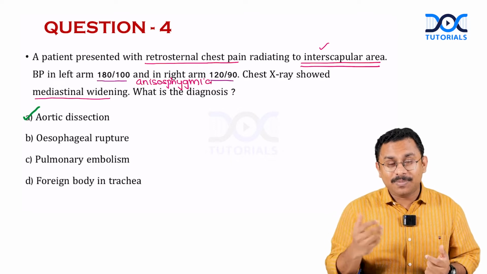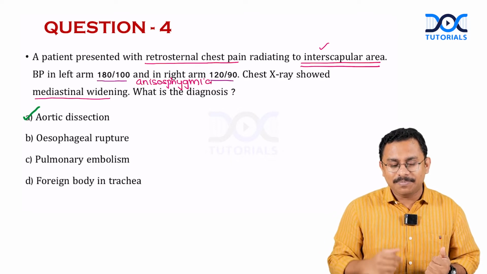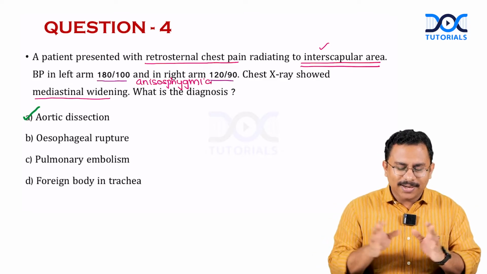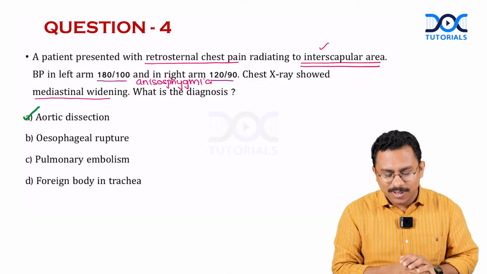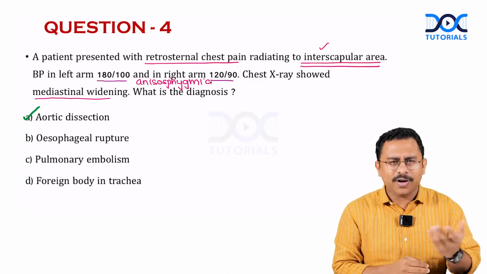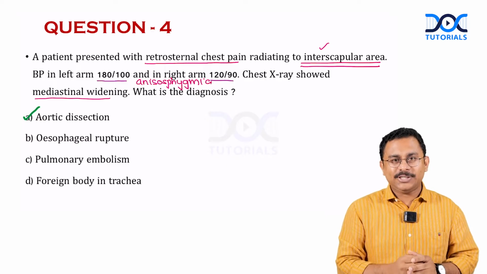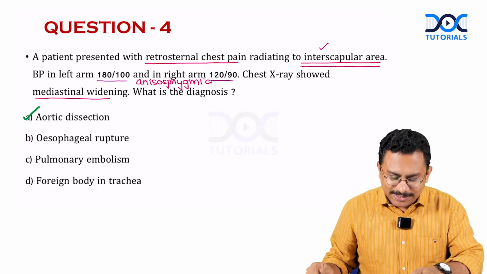You can have the Westermark sign, you can have the Hampton's hump, you can even have a dilated central pulmonary artery as well. Those are the radiological findings that you will attribute to a pulmonary embolism. Also, foreign body in trachea is unlikely to present with any sort of anisosphygmia. Right, so this question is also very clear.